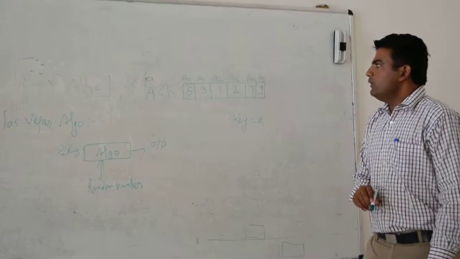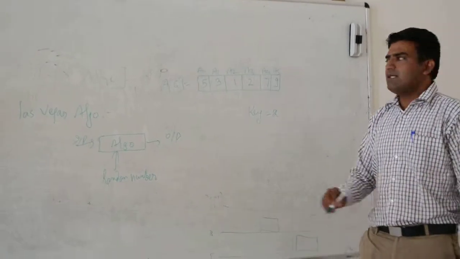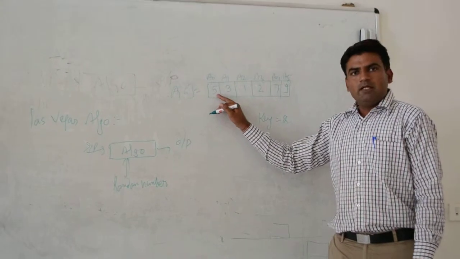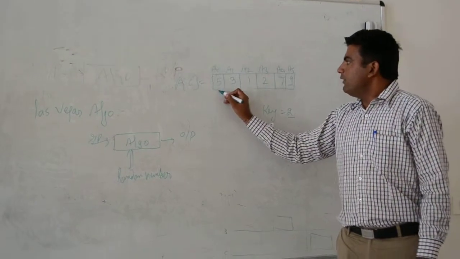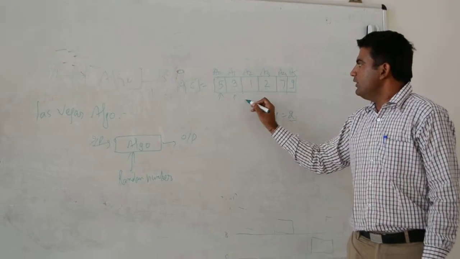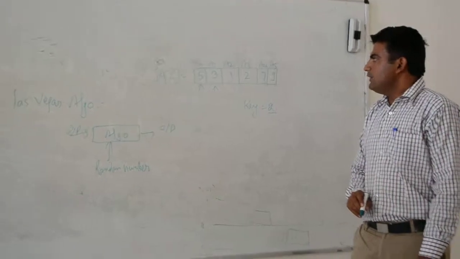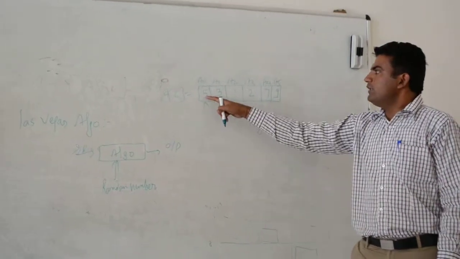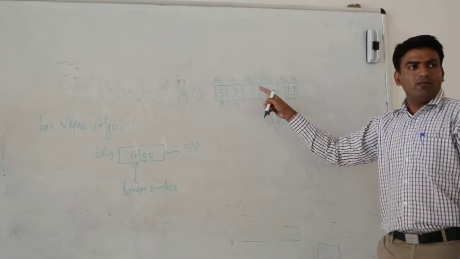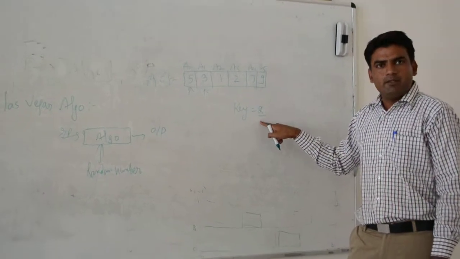In a deterministic algorithm, we simply start with the first location and compare our key number 2 with all the array entries: 5, 3, 1, 2, 7, 9. This is called sequential search or linear search, in which, in the worst case, every number is compared with our key number.